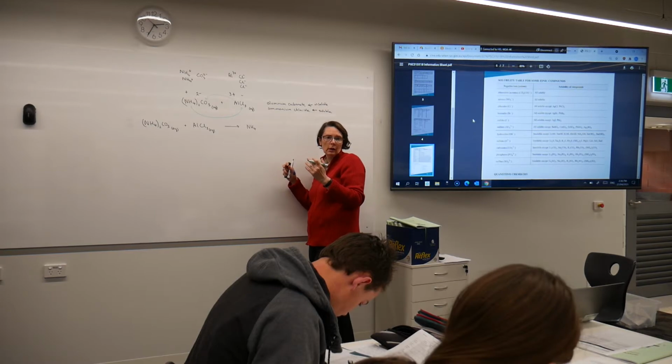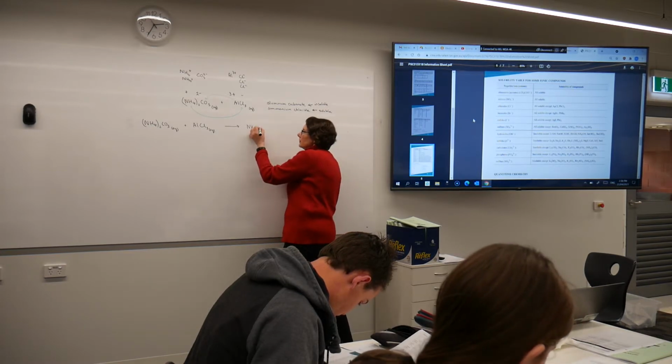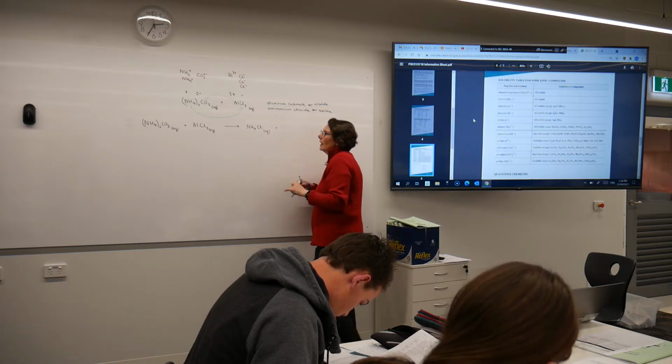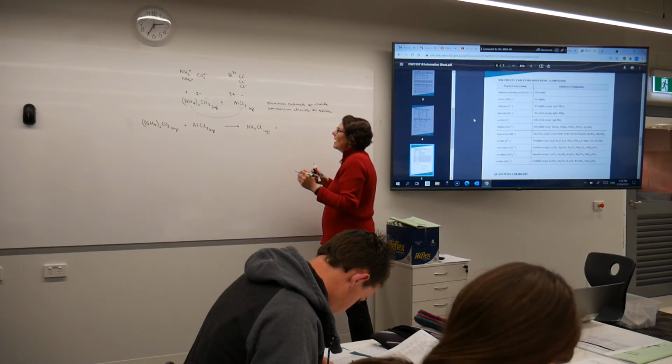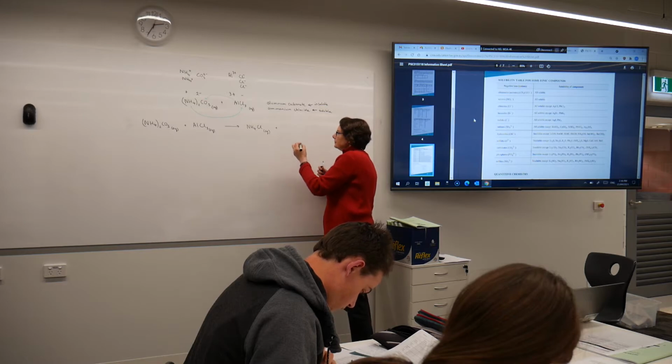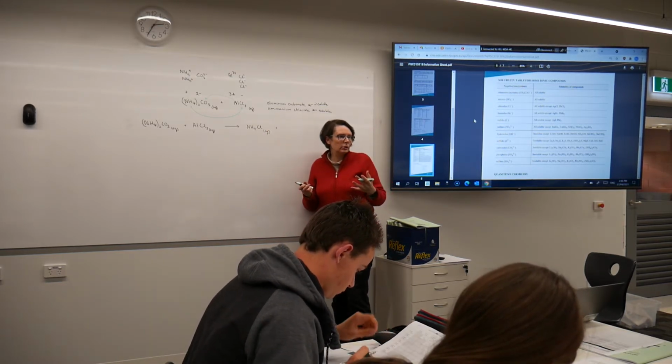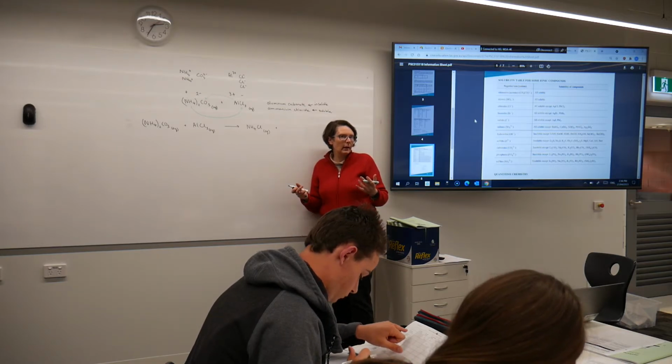So they're going to combine in a 1-to-1 ratio. And then for my aluminium carbonate, the aluminium ion has a 3+ charge and the carbonate has a 2- charge.